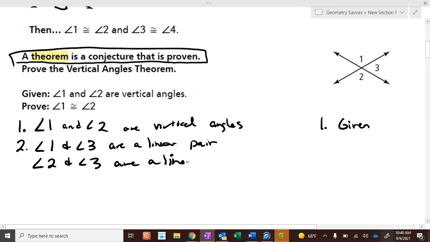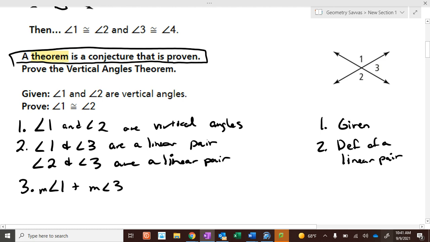Now, we haven't defined a linear pair yet, but a linear pair is two angles that make up a straight line. Two angles that are on a straight line. So that is the definition of a linear pair. Now, there's a theorem about linear pairs that says linear pairs always add up to 180 degrees. So the measure of angle 1 plus the measure of angle 3 add up to 180 degrees.